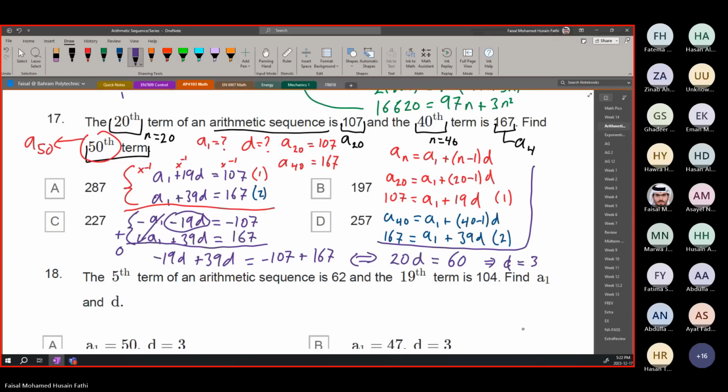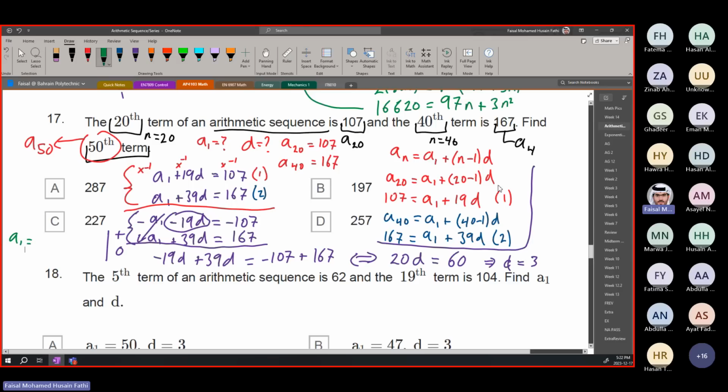Obviously, we found D. Now we need to find A1. You can substitute in any of the equations here. Literally any equation you can choose. So A1 plus 19 times 3, the common difference we have, is equal to 107.